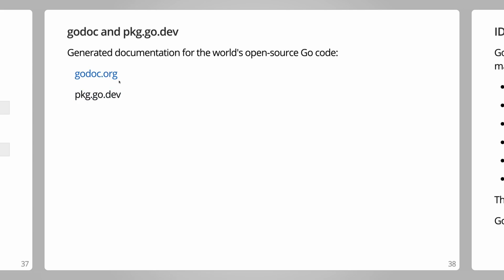But both of them are still running, so you can go to both of them and search for various packages that you need. If you need some YAML parser or a JSON parser or something, you can go look here for alternatives.